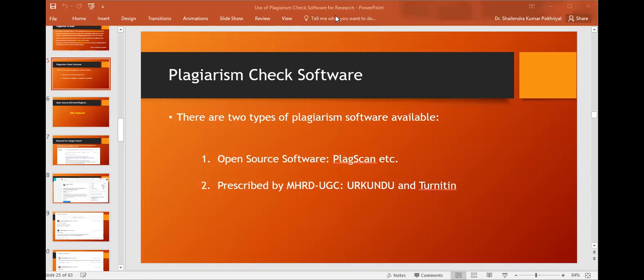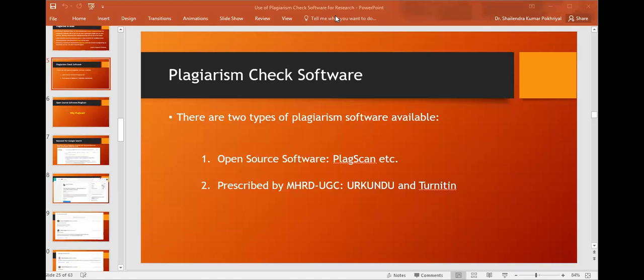So we need to understand that when we are publishing any paper in our national journal, and we are using Urkund, then it is quite possible that there is plagiarism of more than 10%. Okay.